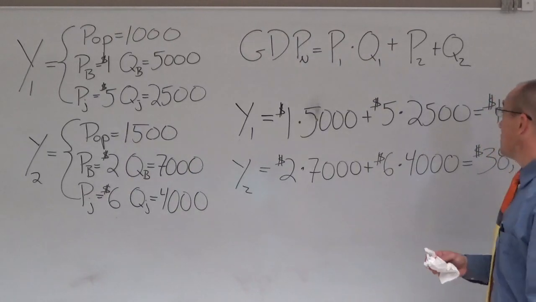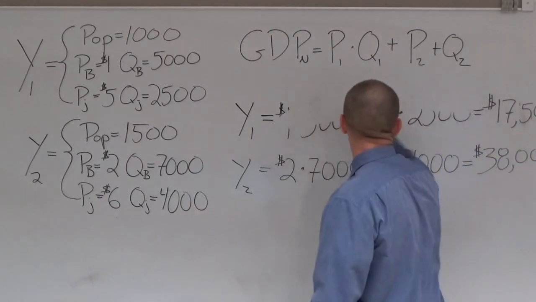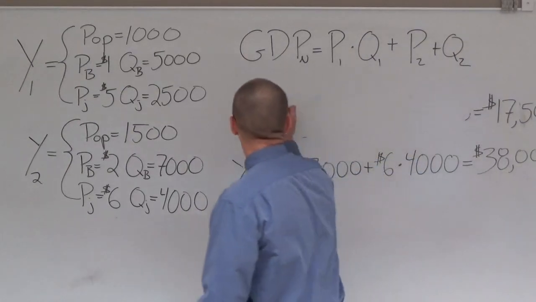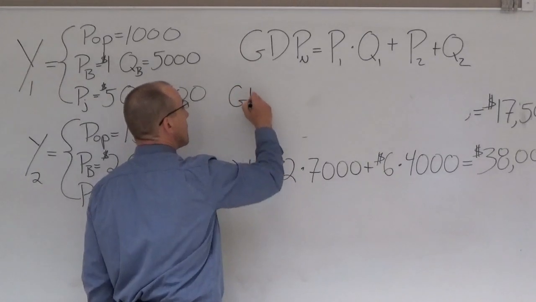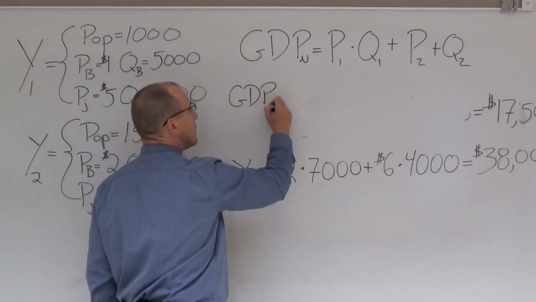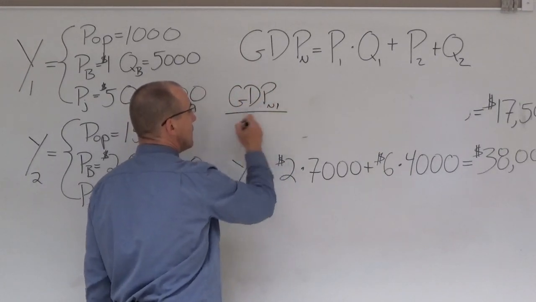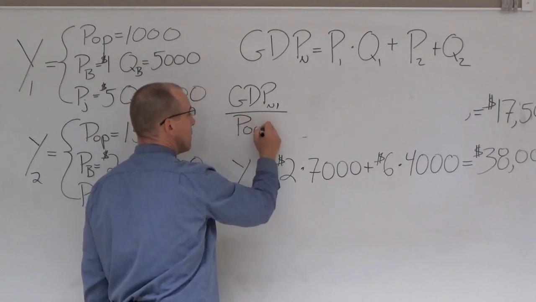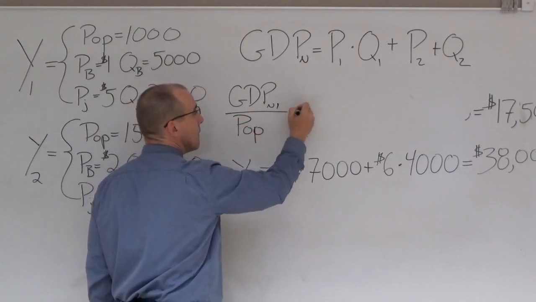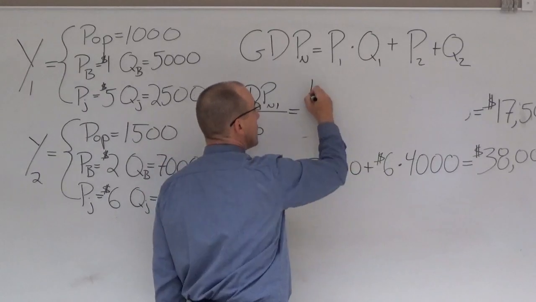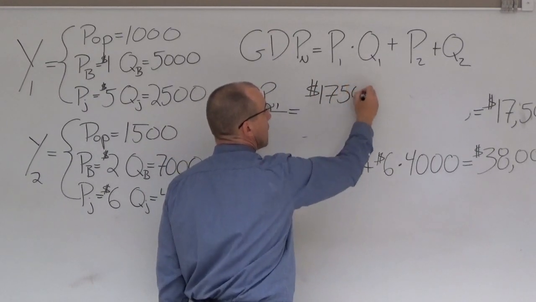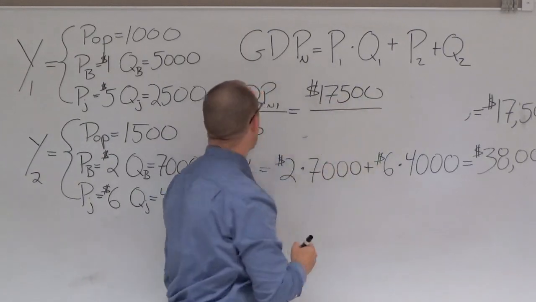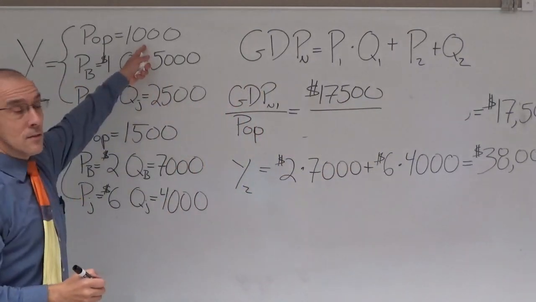Let's clean this up a little bit. My nominal GDP for year one, divided by the population, would be 17,500. My population for year 1 is 1,000.